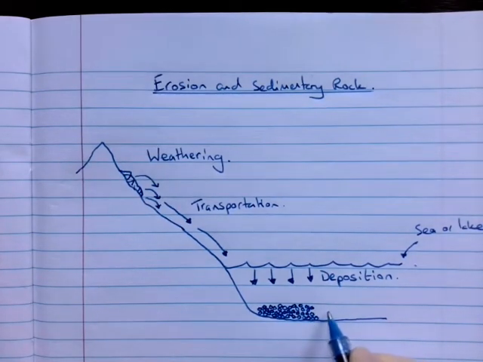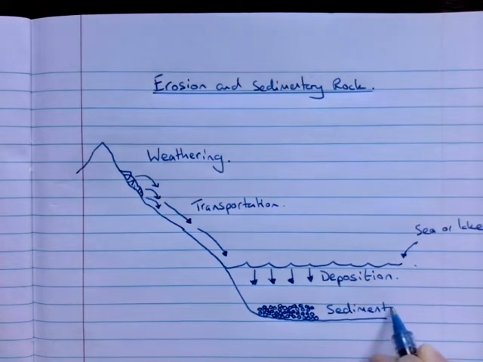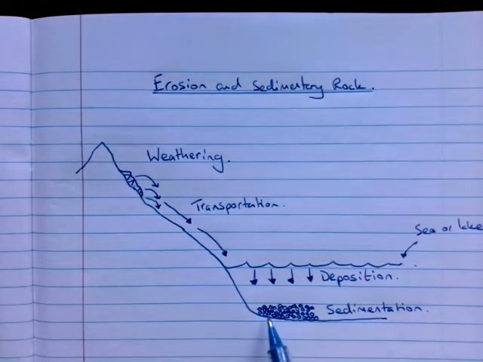And that is a process called sedimentation. So sedimentation is the process of building up layers and layers of rock that have been deposited at the bottom of the ocean.